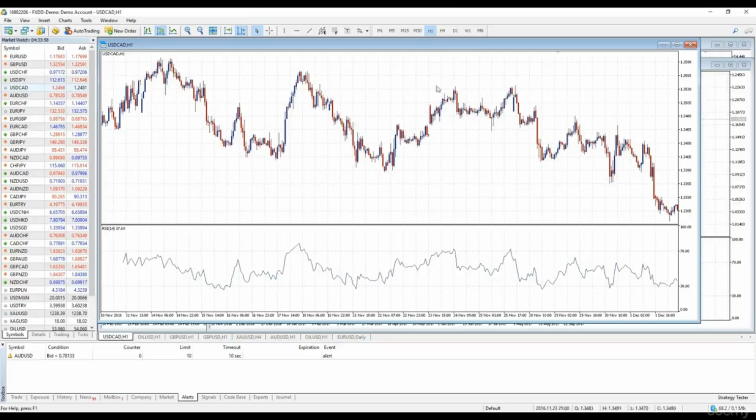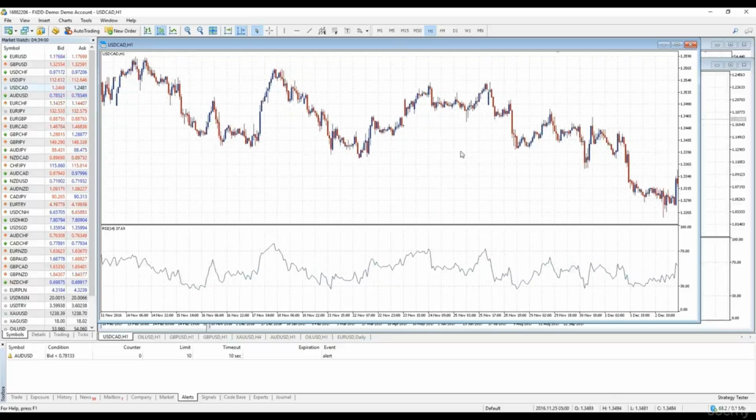Also, I just want to go down to a smaller time frame, just to explain how sometimes when we have these levels of support or resistance, there are ranges within ranges. So this could be considered a declining channel, but also within this channel we have a mid channel.